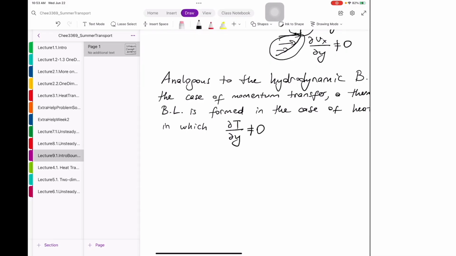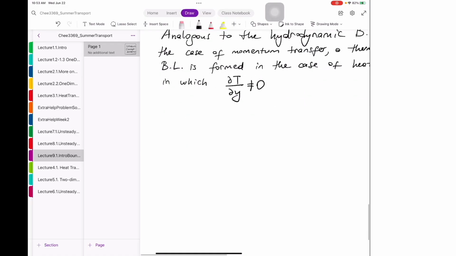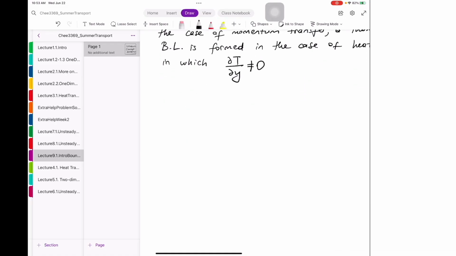Okay, this time there is this flux within the boundary, but there's no more any flux along the y direction beyond the boundary. So schematically it looks like this.